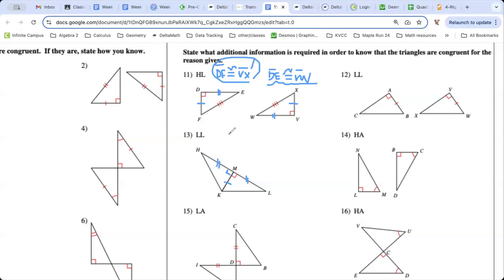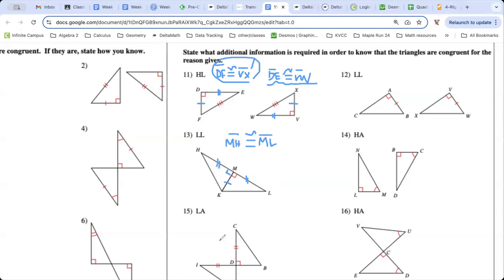So the information required is that side MH must be congruent to segment ML. Okay, so corresponding, coming out of a 90-degree angle and coming out of a 90-degree angle. Okay, all right, very good.